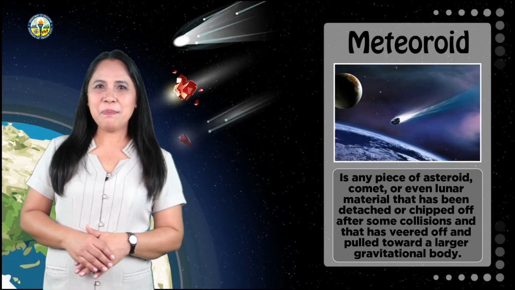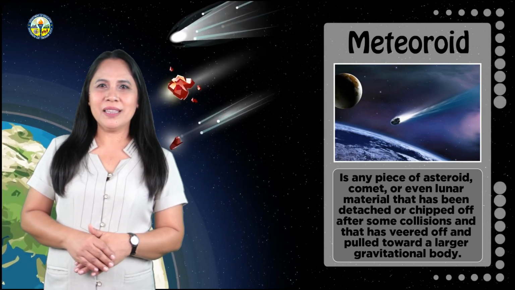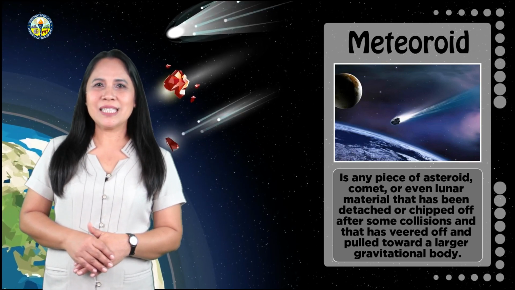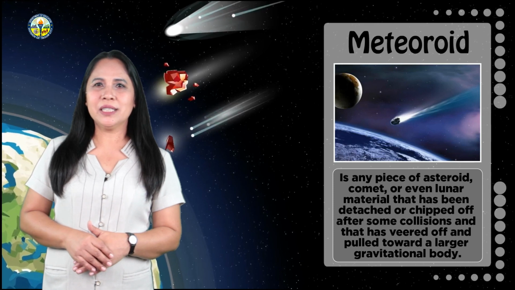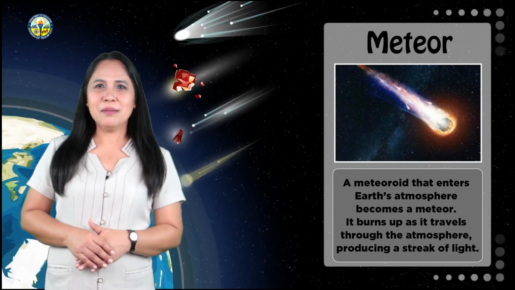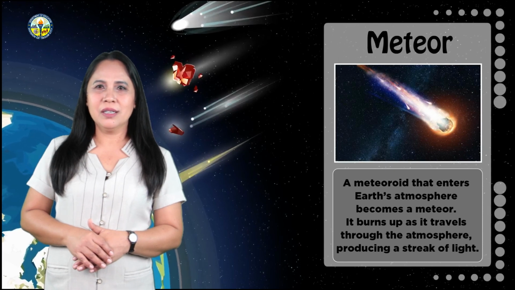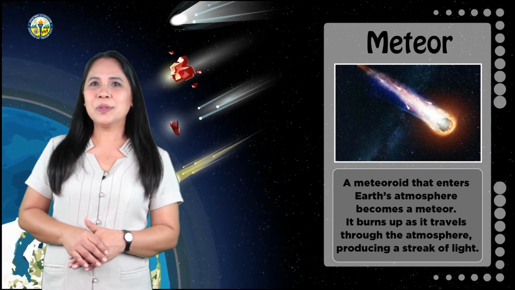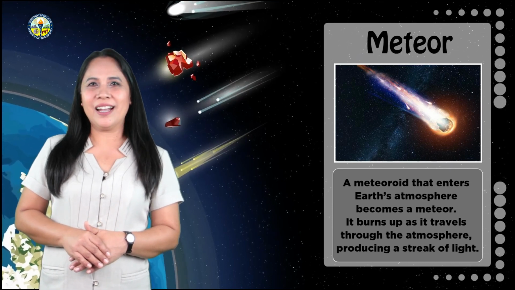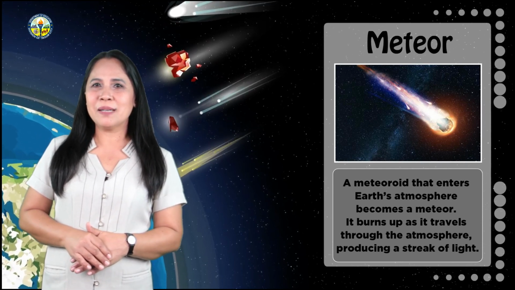A meteoroid is any piece of asteroid, comet, or even lunar material that has been detached or chipped off after some collisions and that has veered off and been pulled toward a larger gravitational body. Meteor. A meteoroid that enters Earth's atmosphere becomes a meteor. It burns up as it travels through the atmosphere, producing a streak of light. Trivia! Did you know that there are larger and denser meteors that pass the mesosphere?